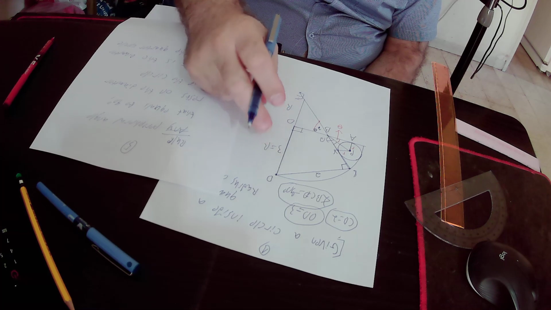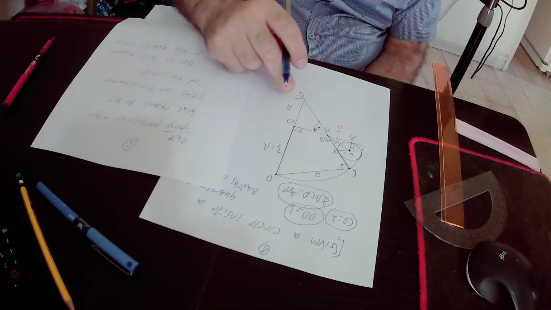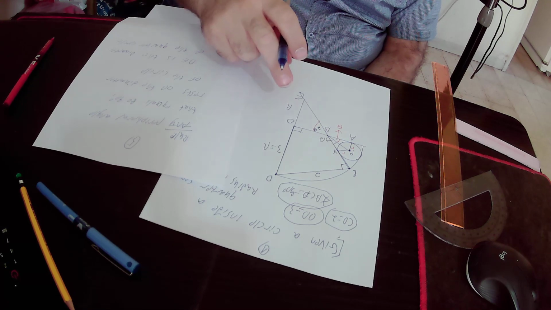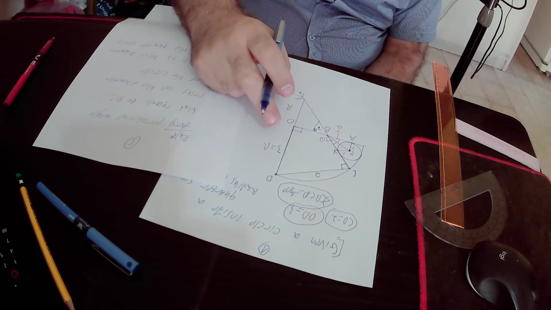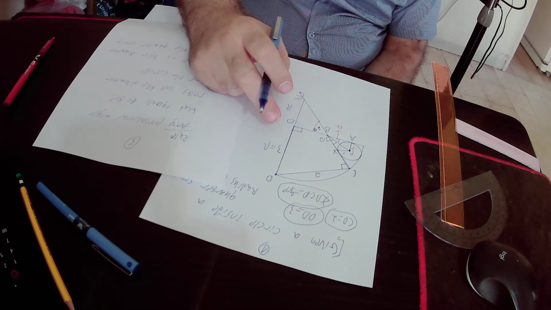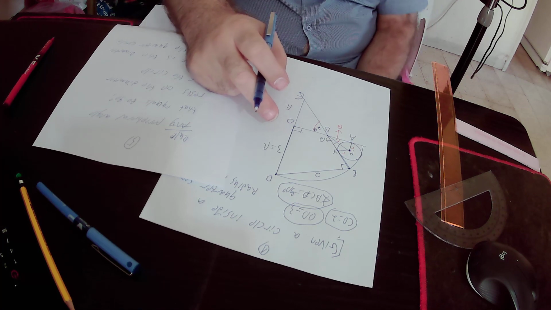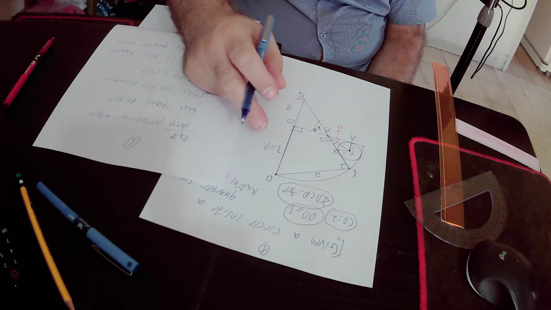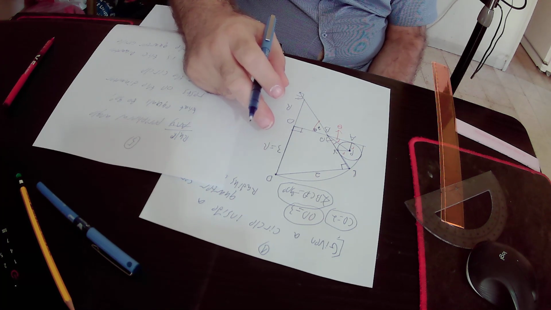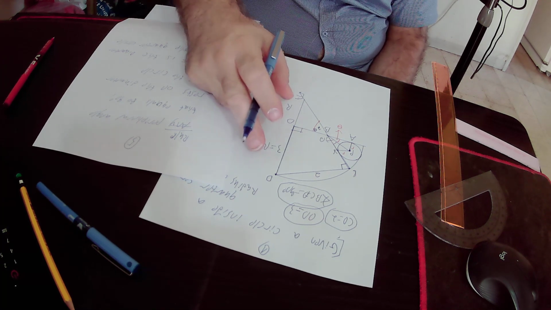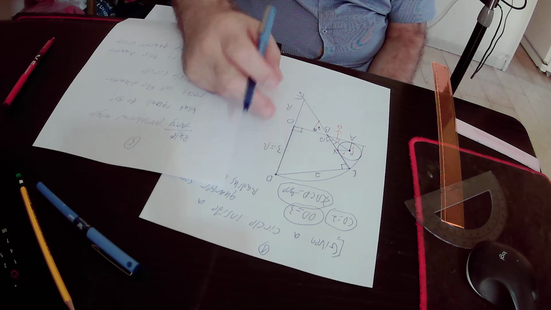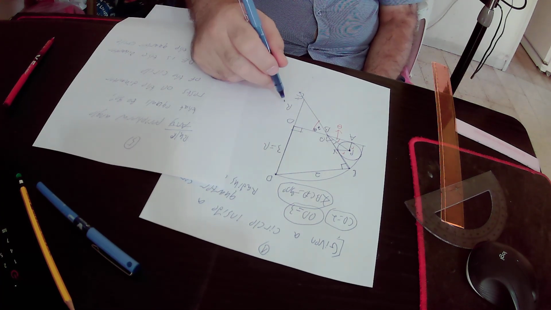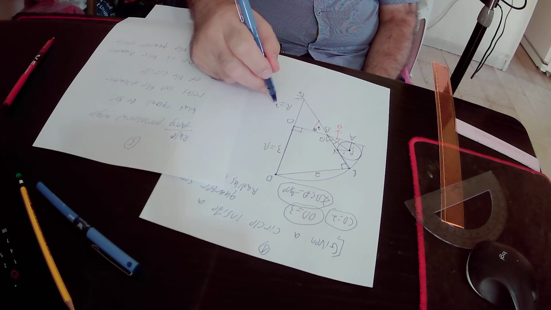So if DO equals R, then OE must also equal R so that DE will equal 2R. So EO equals R, that is actually 3 units.